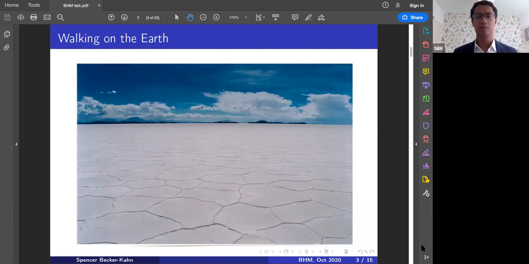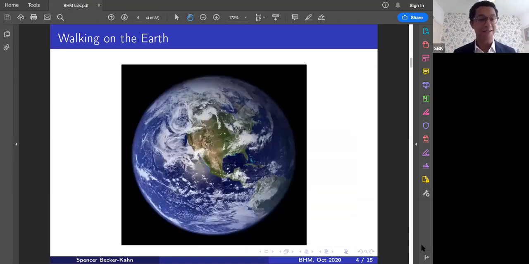Of course, though, at some point in human civilization, I mean, it's a non-trivial fact, but at some point we figured out, despite how flat it looks in pictures like that, the Earth is round. And this is a remarkable fact, really.